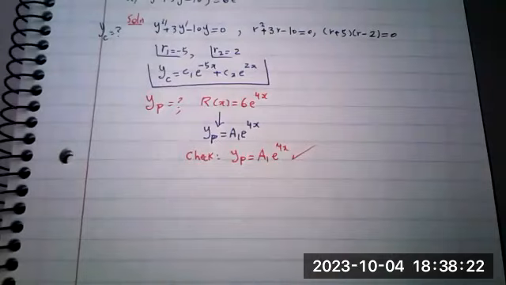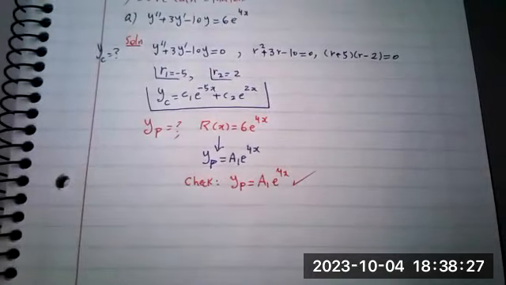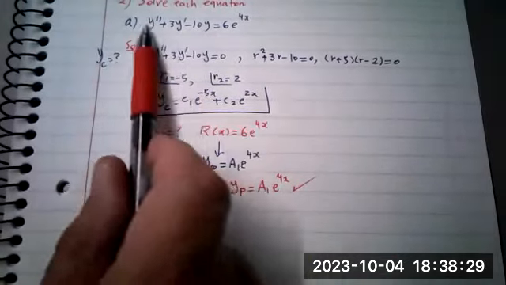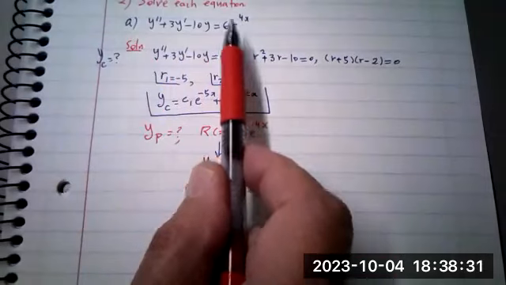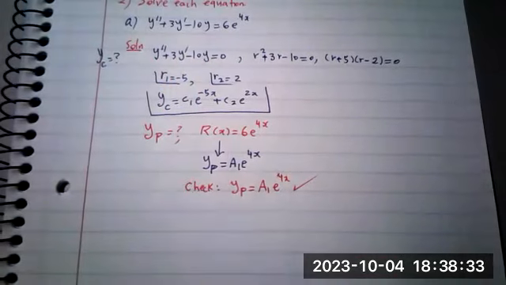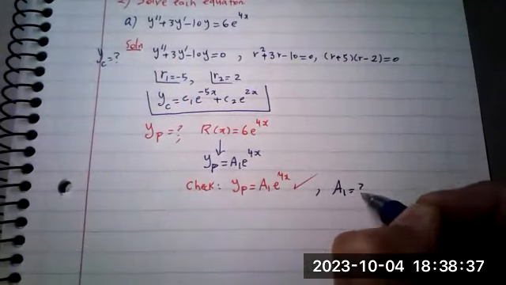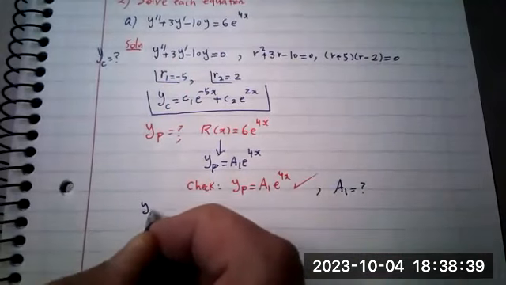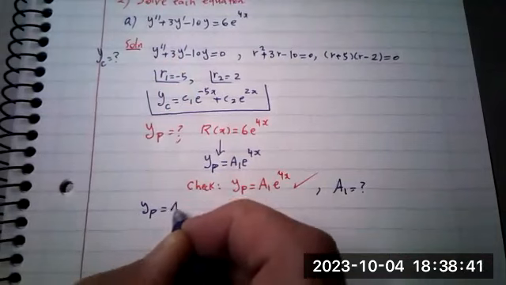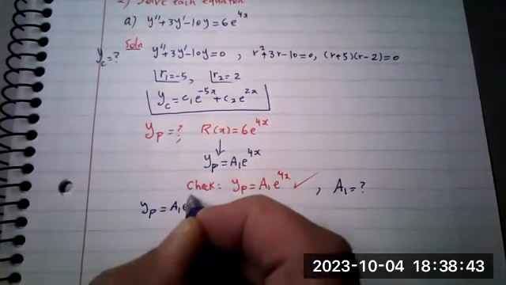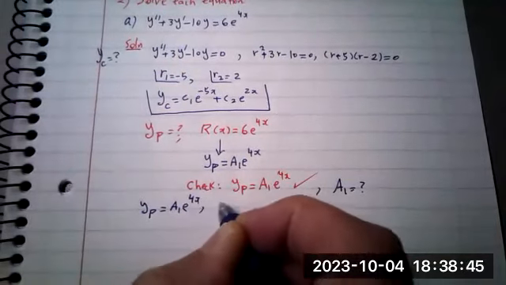Now what to do? We have to find the a. In order to find the a, you have to substitute into the original equation. To substitute, you need the derivatives. So we want to find a1. The function is a1 e to the 4x, differentiated. What's the derivative?